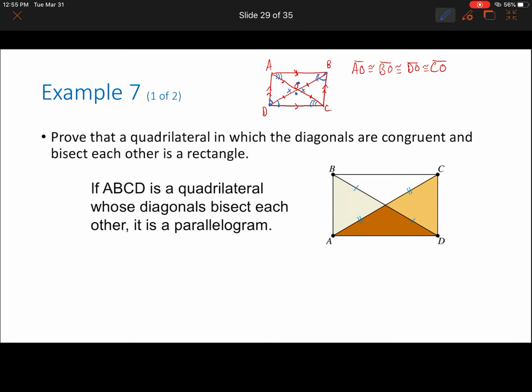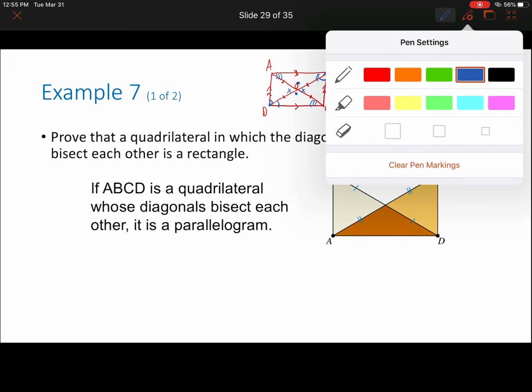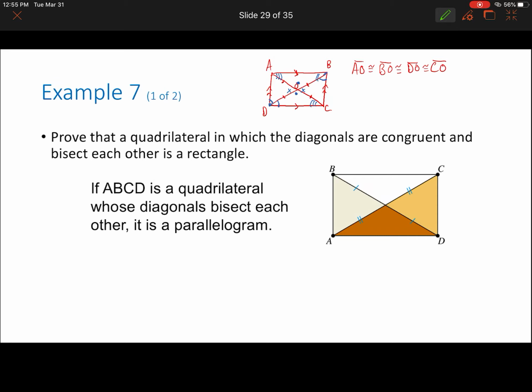And we also know that this angle and this angle are congruent because they're vertical angles. I hope you're following with me. We also know that this angle, put three marks for it, and this angle are congruent because they are alternate interior angles.